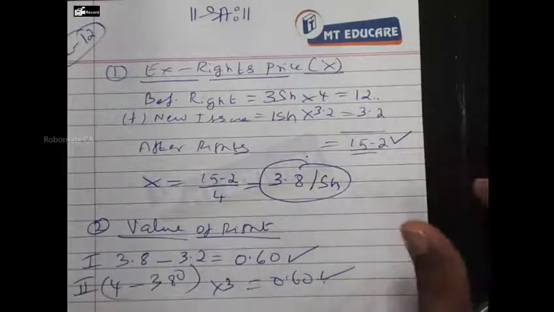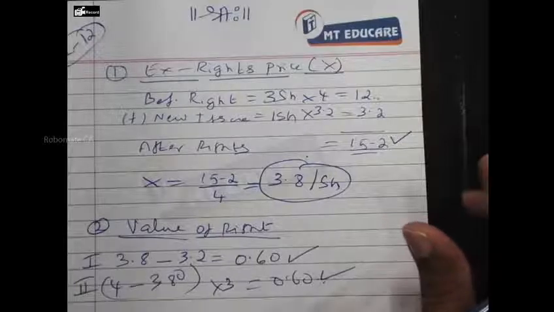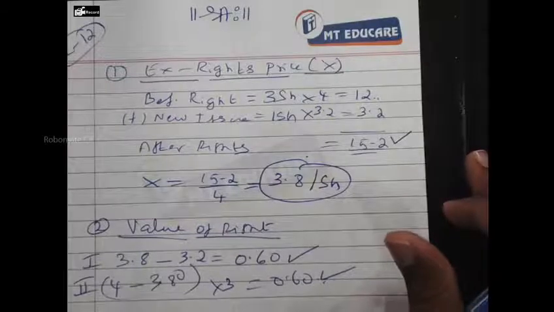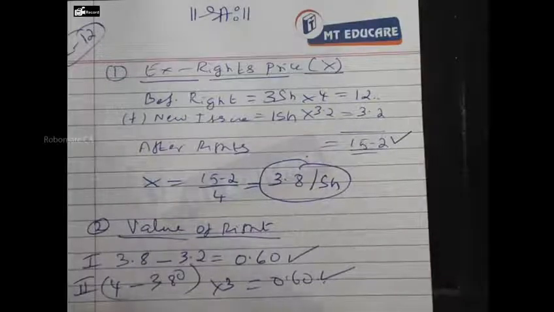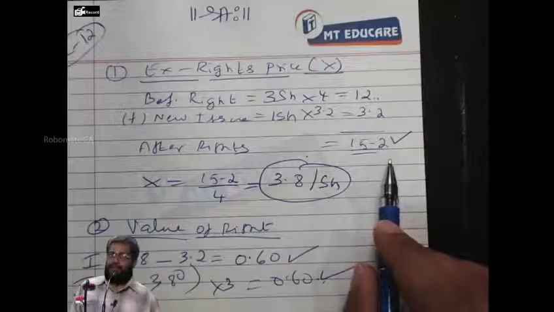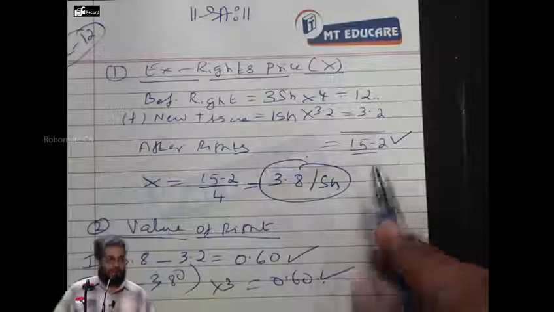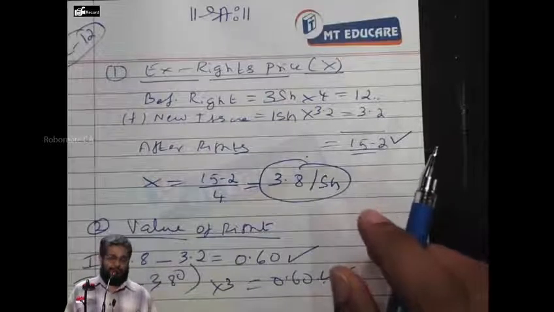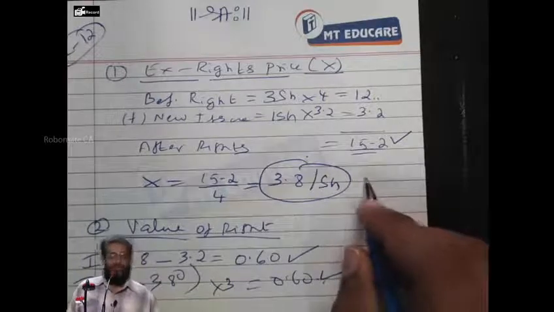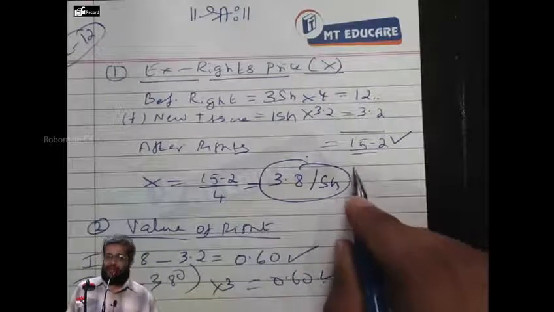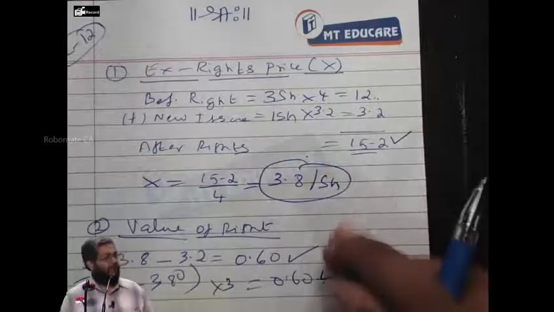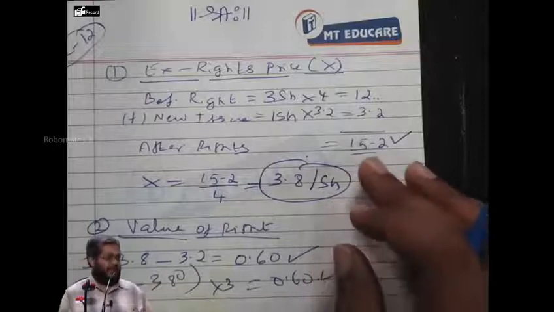Hence, the value per share is 15.2 divided by 4 equals how much? 3.8. The value per share is 15.2 divided by 4, which is equal to 3.8 per share. Everybody yes or no? This is how we should understand the X rights price.